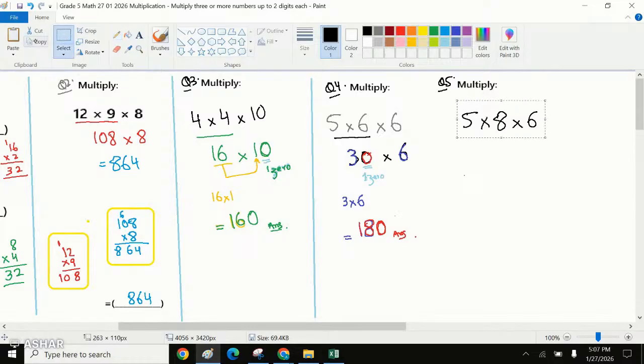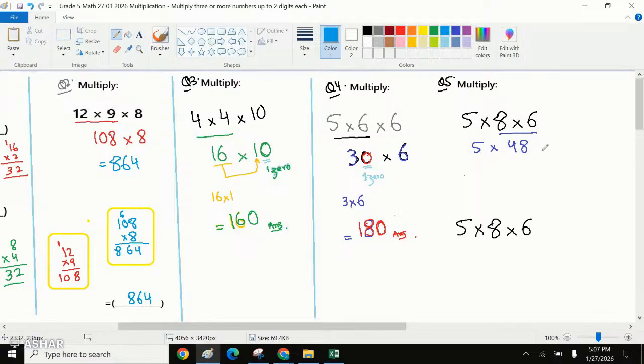The previous case was also 5 multiplied by something, and this is also 5 multiplied by two numbers, right? So let's see if we change the order of multiplication. If we multiply 6 multiplied by 8, 6 times 8 is 48. This was being multiplied by 5, right?